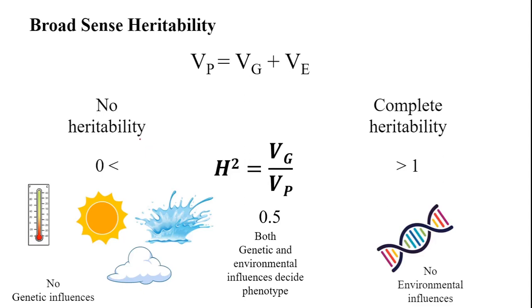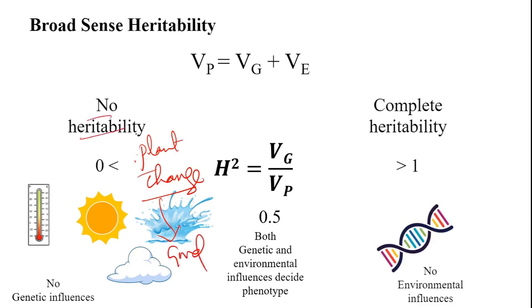When a plant or animal shows broad sense heritability near zero, then to improve the quality of a breed or a particular plant, you need to change the environment. If you change the environment, definitely you'll get good yield.